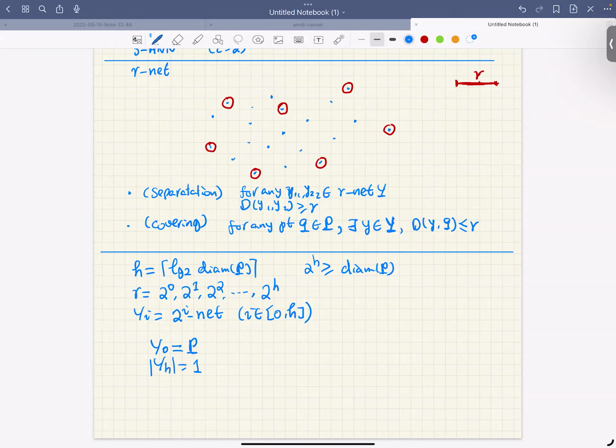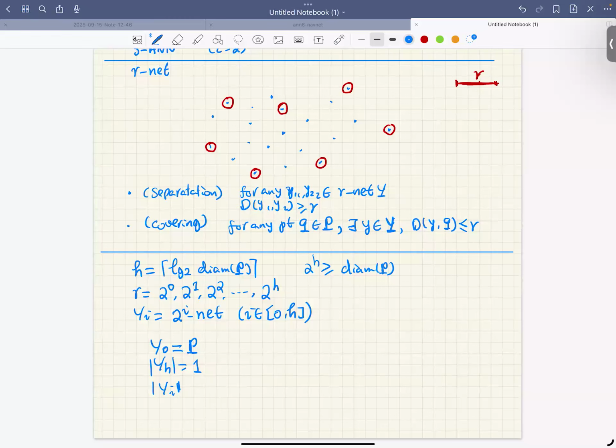All right, so naturally you wonder what happens to the size of every other net. So if I say Y_i net, then this is a 2 to the power of i net. So the scale of this r is 2 to the power of i. By the way, remember all those values of r chosen: it doubles each time.